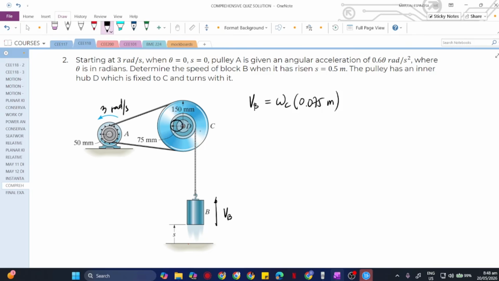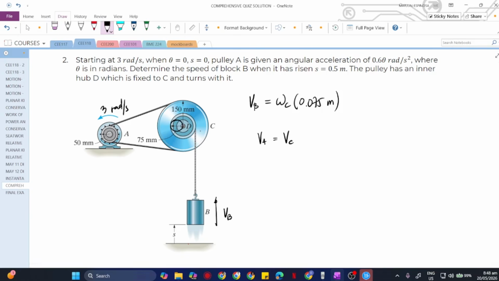Now, to solve for the angular velocity ng C natin, take note that the pitch line velocity nitong A natin should be equivalent to the velocity nitong C. So, velocity ng A, which is starting at rest, hindi natin yan gagamitin because that is the initial.